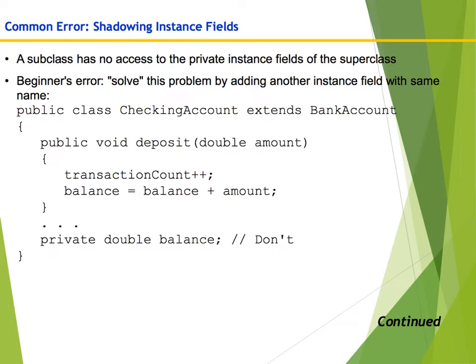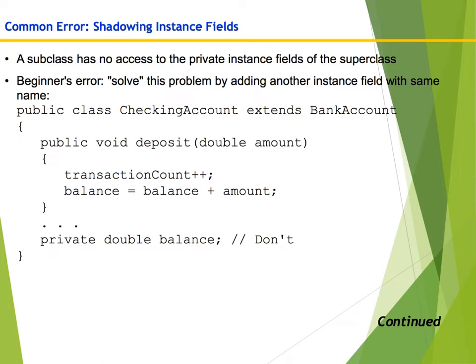This is obviously wrong because this balance that you define inside the CheckingAccount class is stored in a different place than the balance of your superclass, which is the BankAccount.